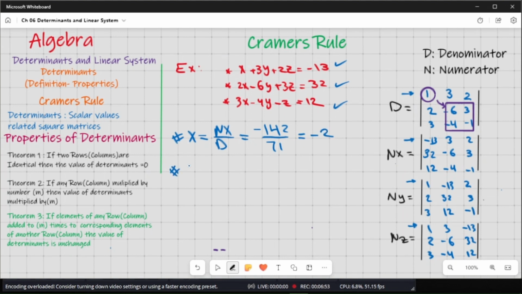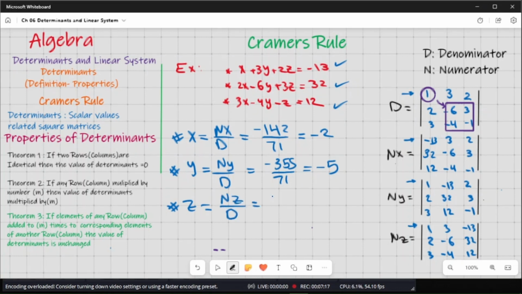Here y equal to ny by d. This equal to negative 355 by 71. So this will be equal to negative 5. Here z equal to nz by d.